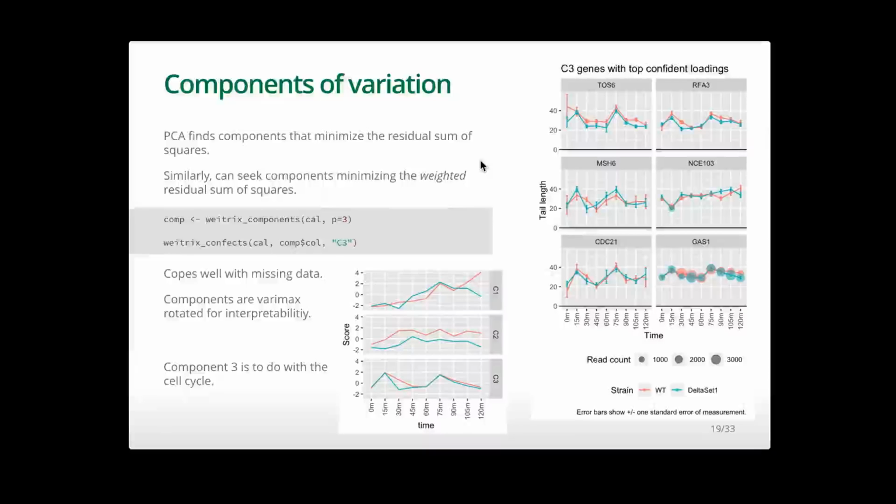And so you can add together the contribution of each component, and then there'll also be an average tail length, and that tries to predict the data as well as possible in terms of weighted sum of squared errors.